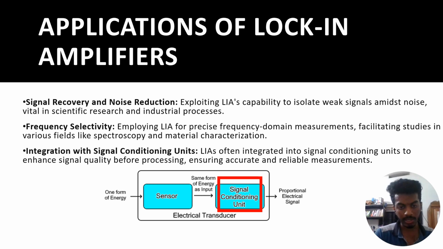We use a sensor to sense that energy form in the beginning. Then we use a signal conditioning unit. Why do we use that? Because the signal can contain many kinds of noise, and we want a clear picture of the signal, without the noise. Here we can integrate this lock-in amplifier, and we can get a clear picture of how the signal is.